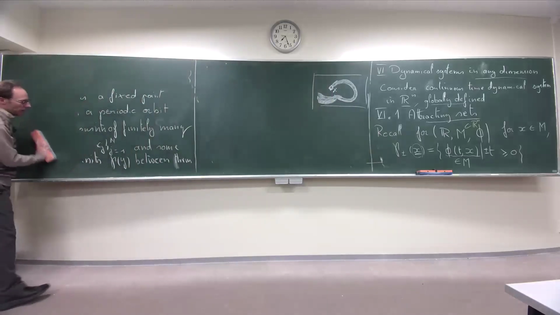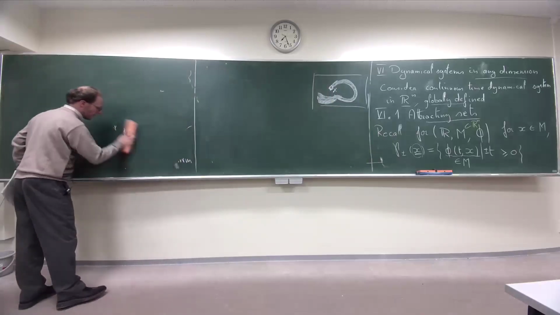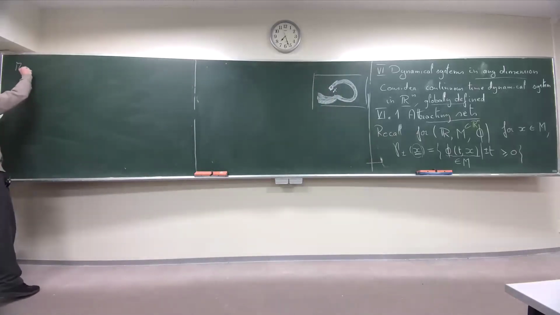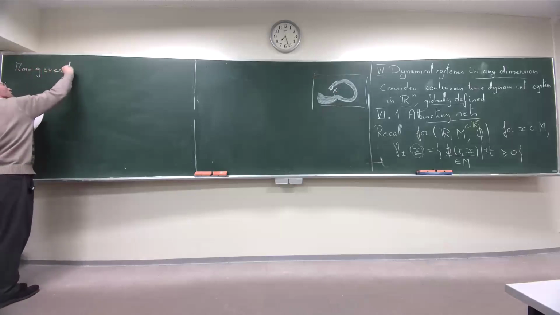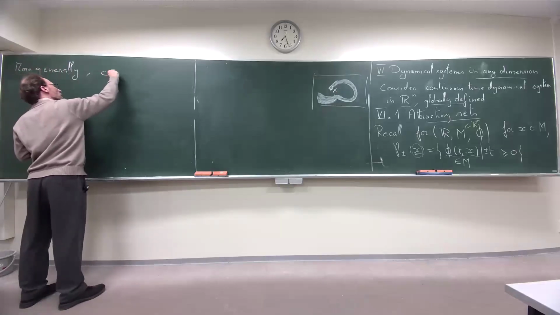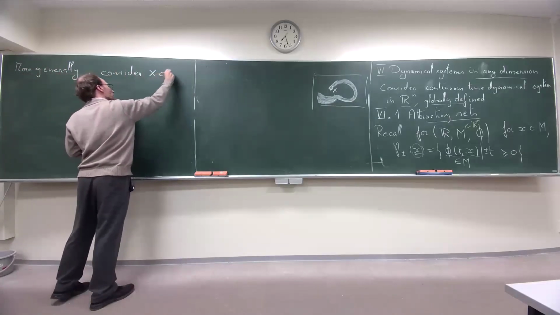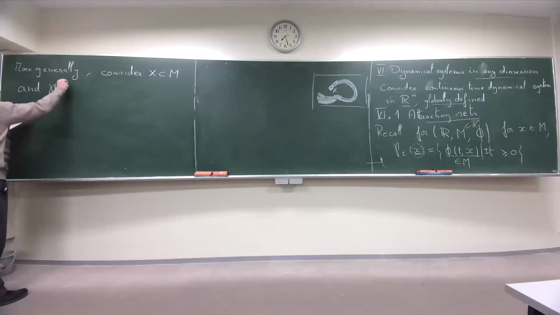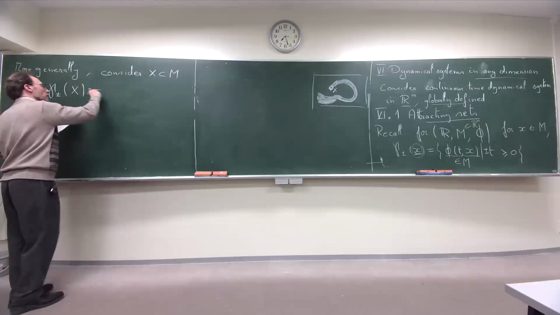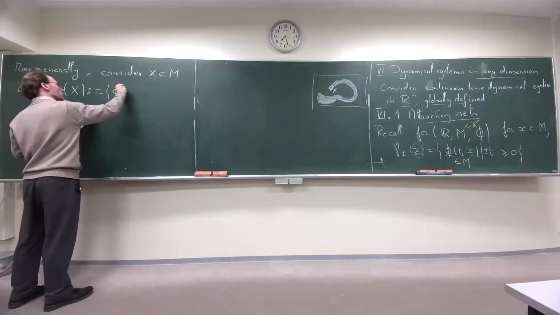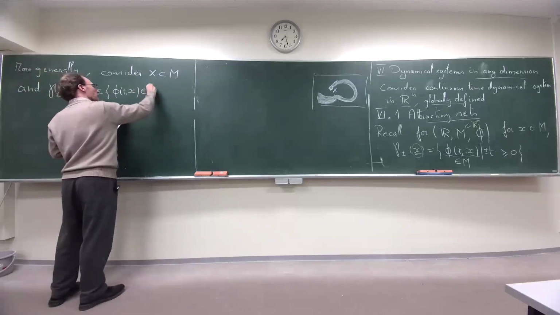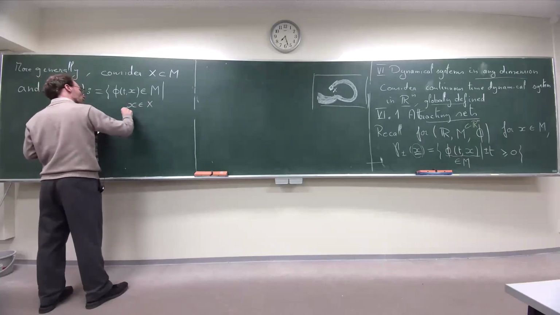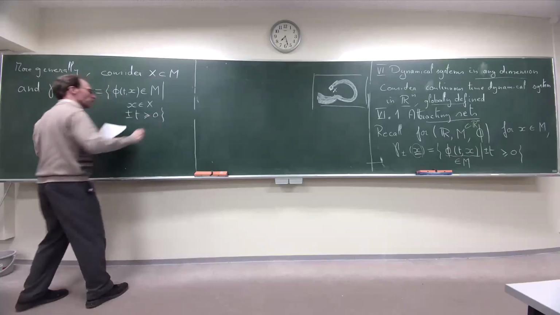So we consider, more generally, an initial set capital X inside M, a subset of M. And then it's natural to define gamma plus minus of capital X in the same way: the set of phi of t, x inside M, so that x is in capital X and plus or minus t are bigger or equal to 0.